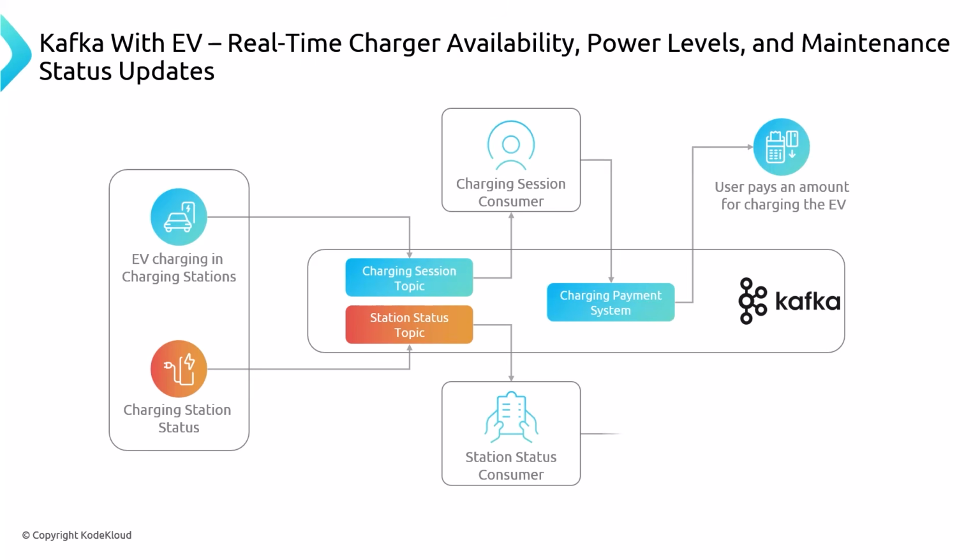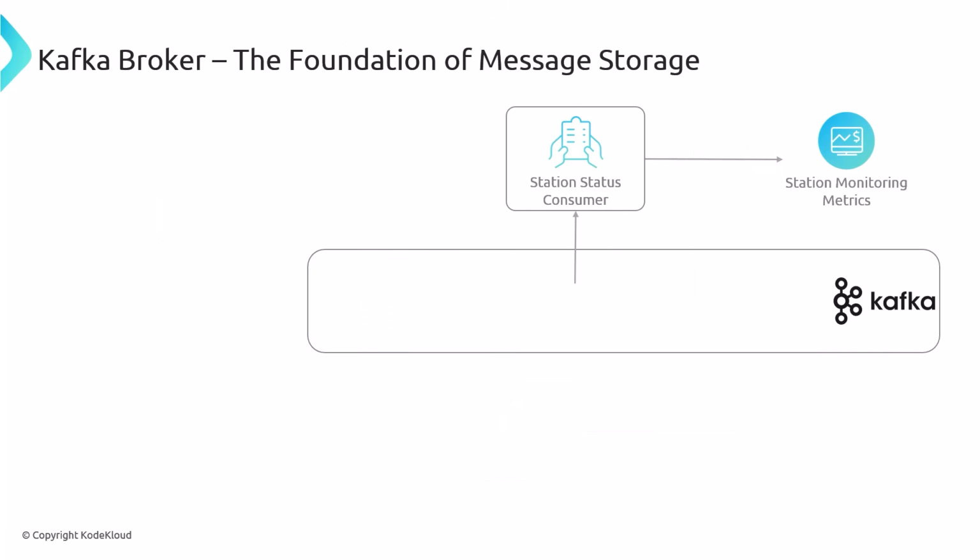We were able to understand this architecture in detail in one of our previous videos. Now, using this same use case, we are now going to understand some of the building blocks of Apache Kafka. The first one is Kafka brokers. So we want to understand one use case now, that is the station status report.